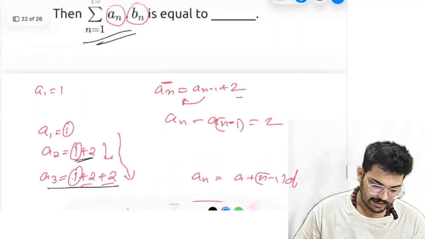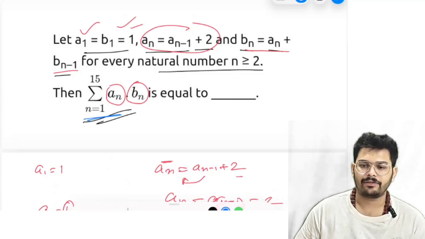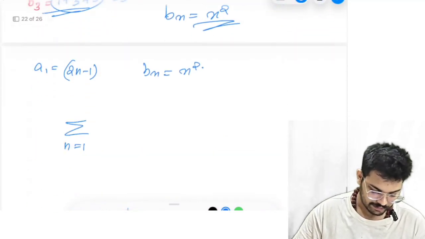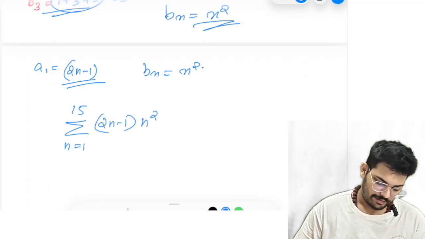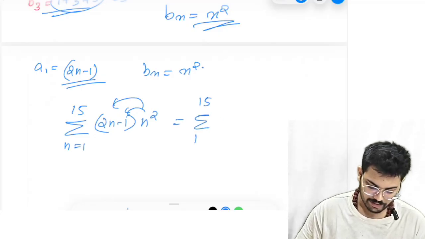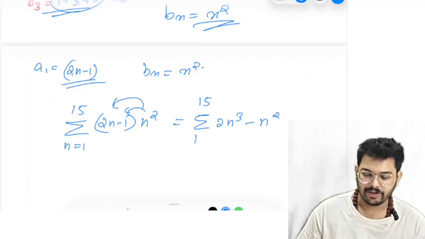In the question they have asked us to find sigma 1 to 15 of an bn. Therefore, this will become sigma n equal to 1 to 15, where an can be replaced with 2n minus 1 and bn can be replaced with n square. When you distribute, it will become sigma 1 to 15 of 2n cube minus n square.